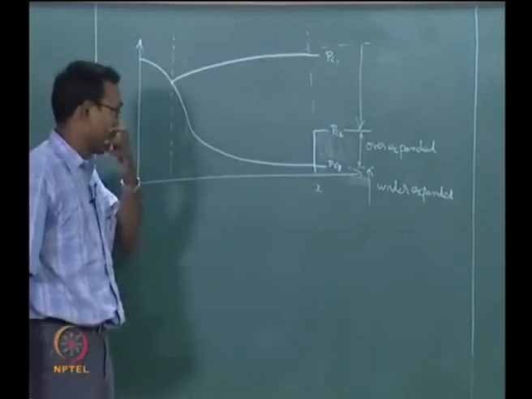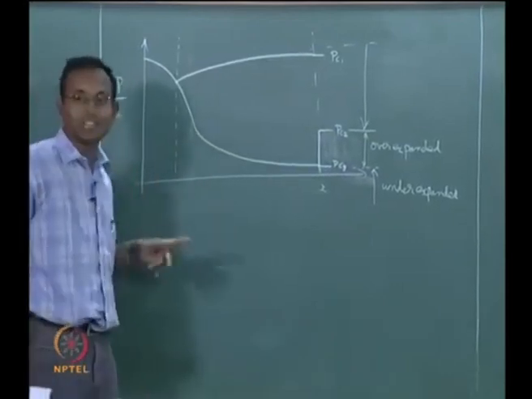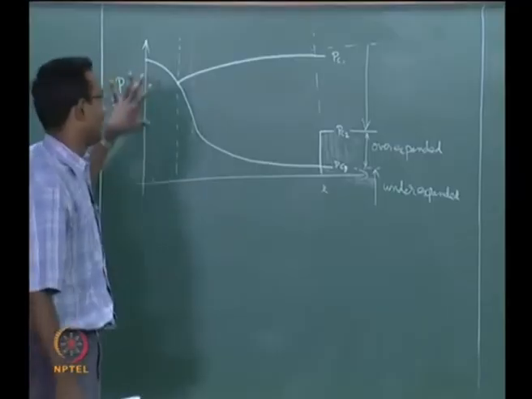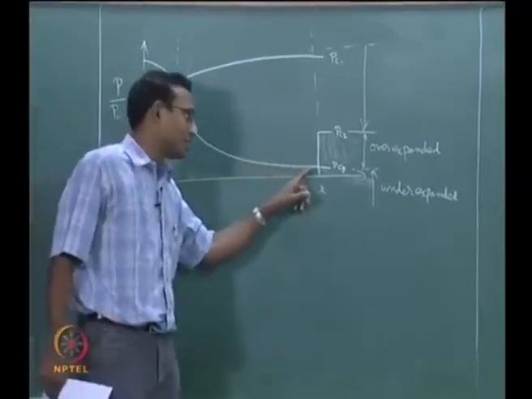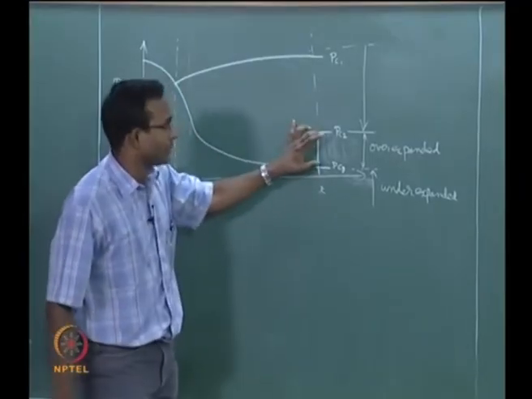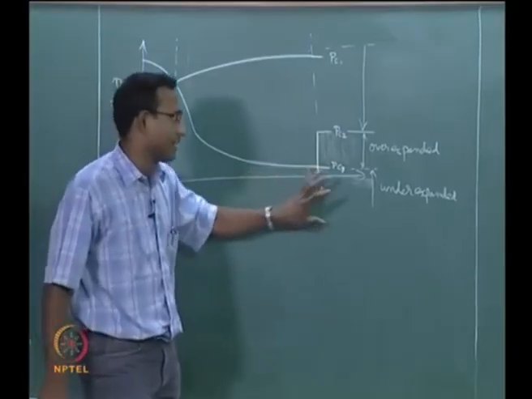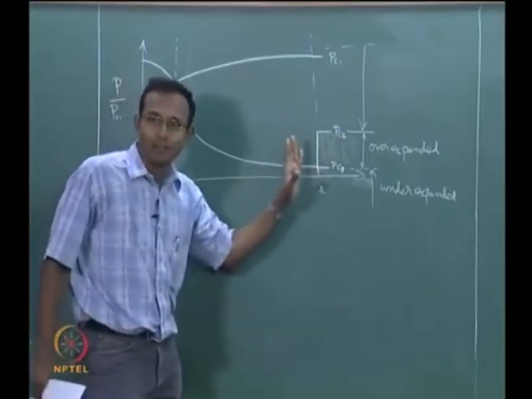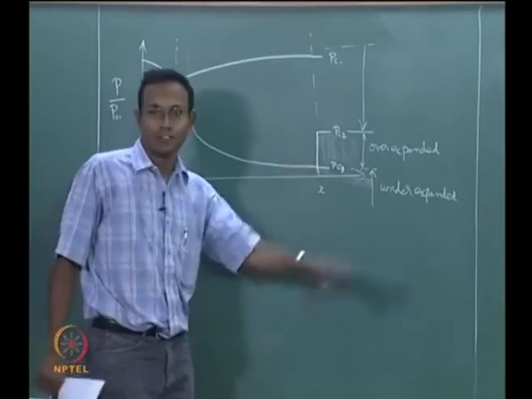Over expanded and under expanded jets I called it. The nozzle is such that when it comes out, this region is over expanded and this region is under expanded, and we said that the only change will be outside the exit plane of the nozzle.